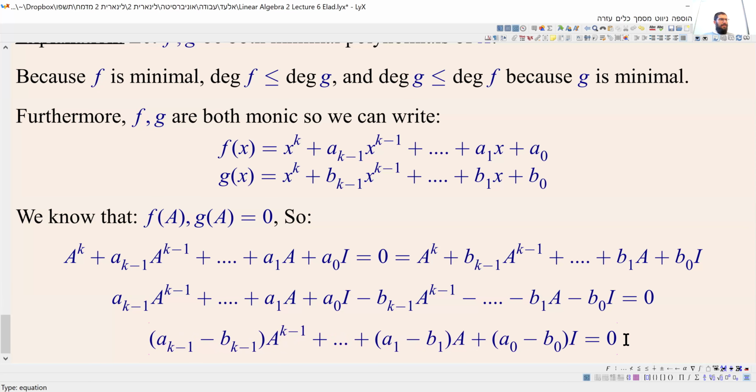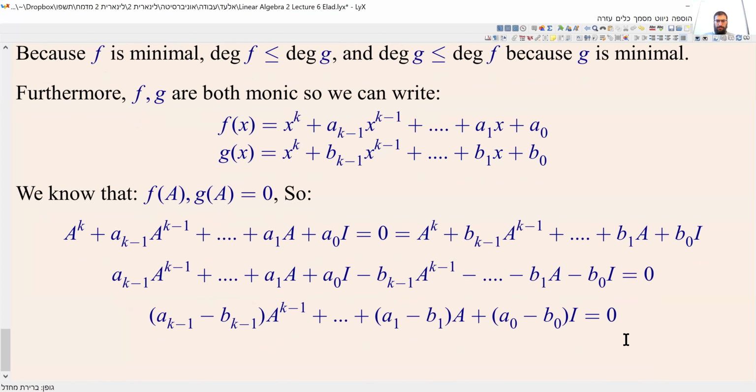Now I know that this equals 0. What does it actually say? What do we have here?